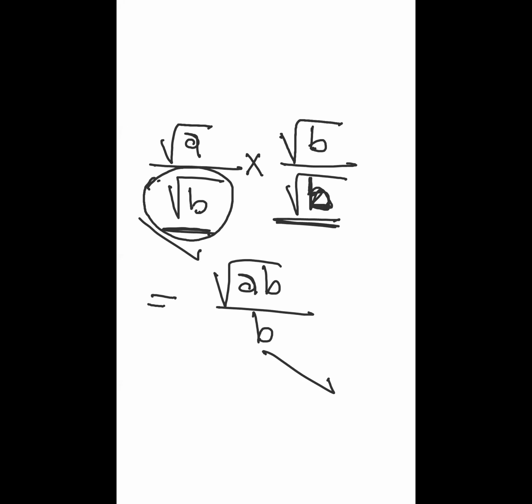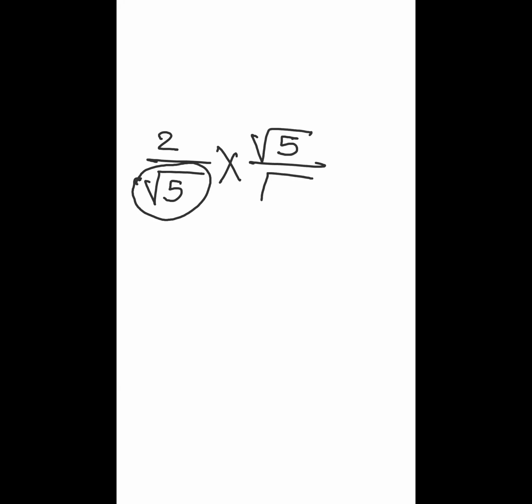Okay, guys, it's clear? A numerical example: if it's 2 over square root of 5, I want to change the denominator, so I have to multiply it by square root of 5 over square root of 5. So it will equal 2 square root of 5 over square root of 5 times square root of 5, which means 5. Okay?